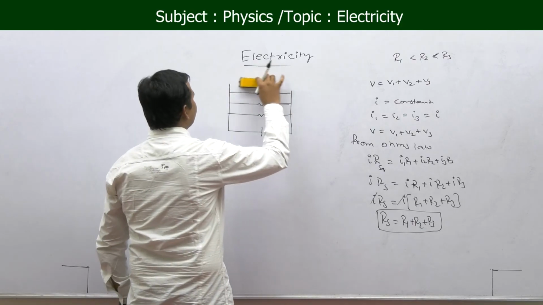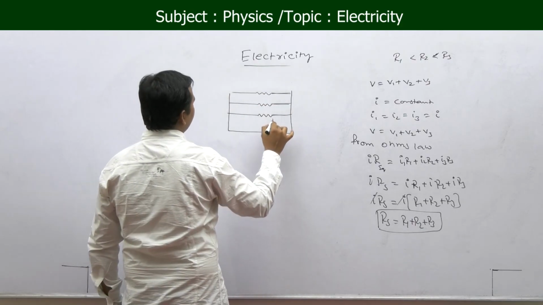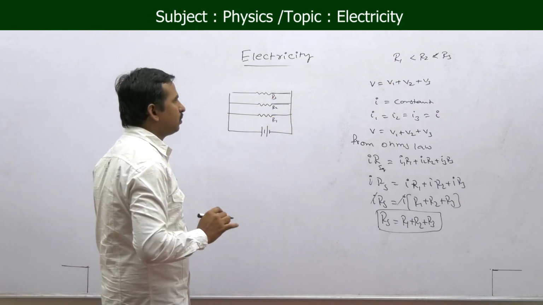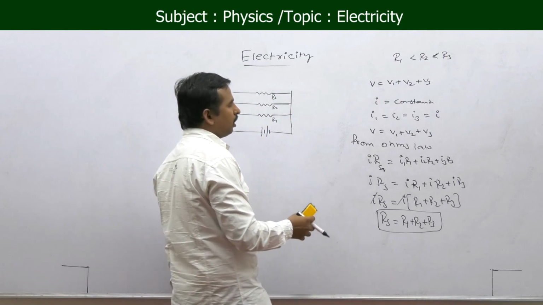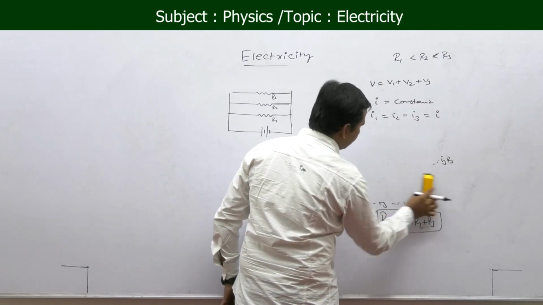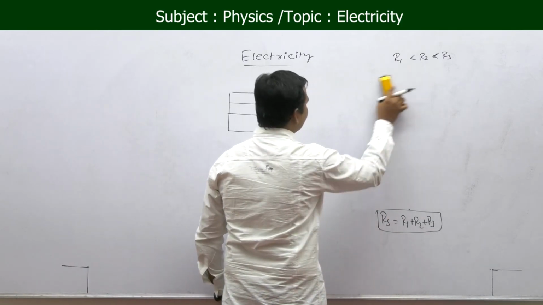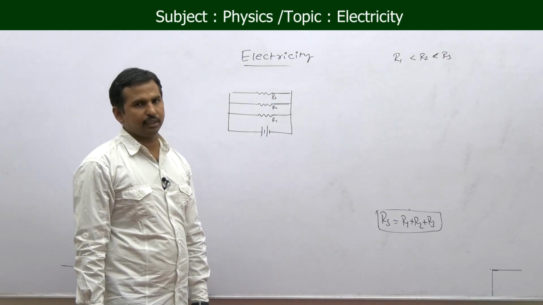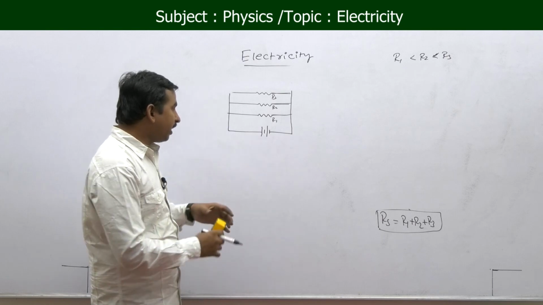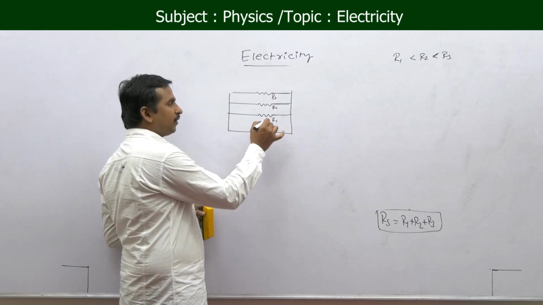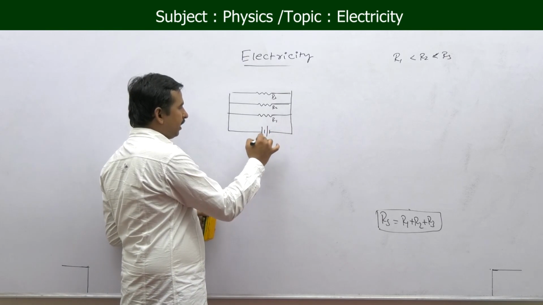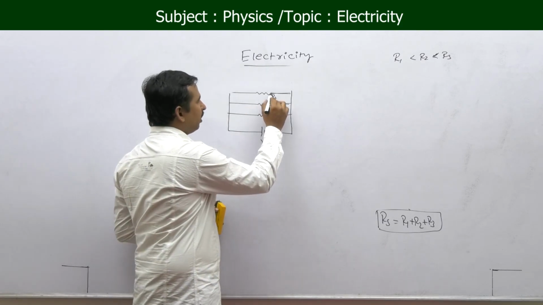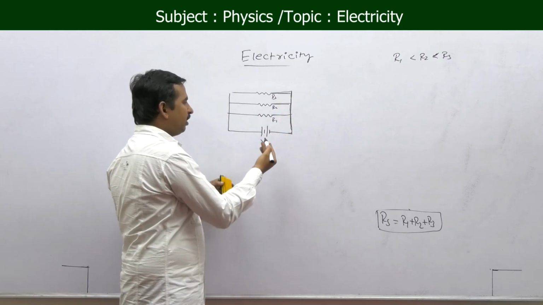Now, as three resistors are there, R1, R2 and R3, just like the previous case, we take R1 less than R2 less than R3. Means the resistance offered by the third one is more, whereas R1 is less and R2 is in between R1 and R3. Now, as the battery voltage is directly connected to R1, directly to R2, and directly to R3, in all three cases we have the same voltage.